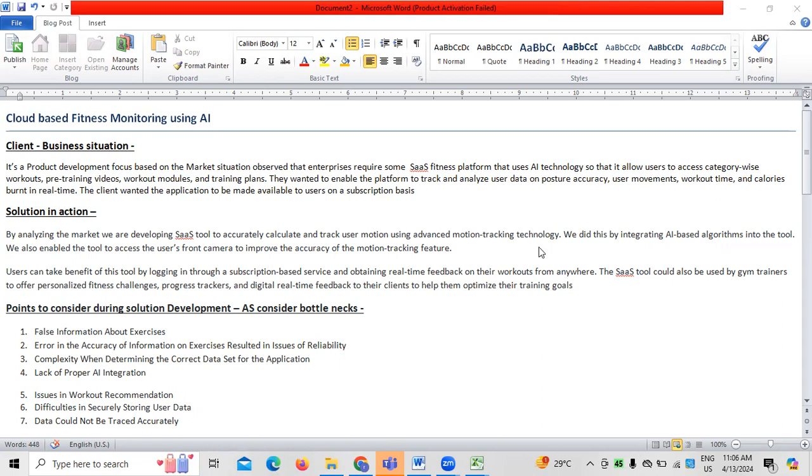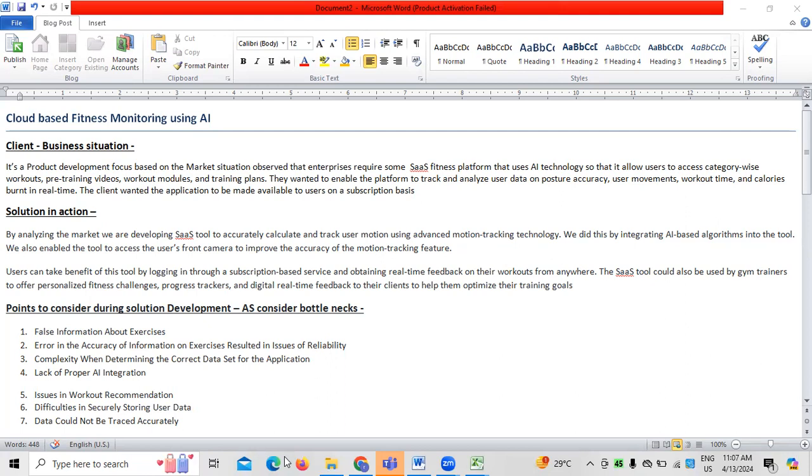Because as we all know, whenever application development transformation takes place, application development nowadays is moving towards artificial intelligence. So using different tools of artificial intelligence, developing applications is becoming increasingly important day by day.